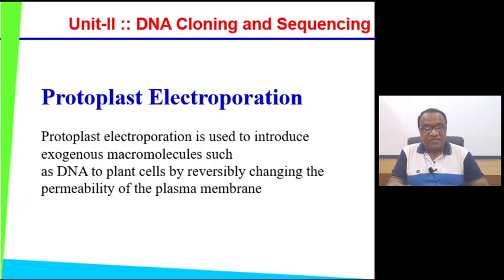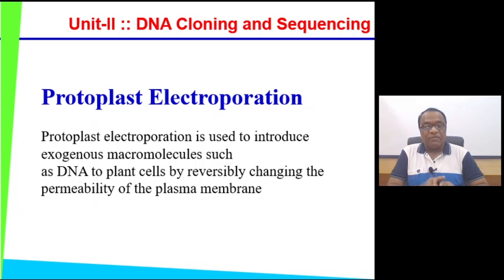To increase the size of the pore as well as the number of pores, you can manipulate this by increasing the intensity of the pulse of a continuous current with high voltage, or the duration of the pulse. So by manipulating the intensity and duration of the pulse, it is possible to increase the number as well as the size of the pores being formed.